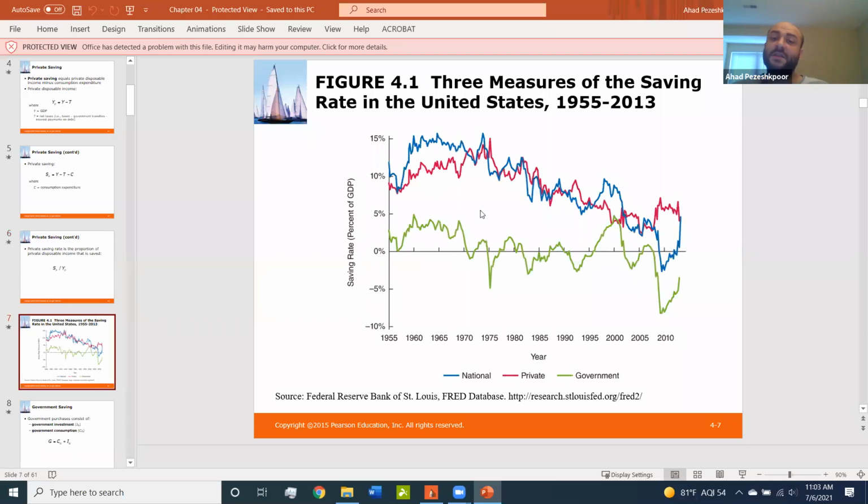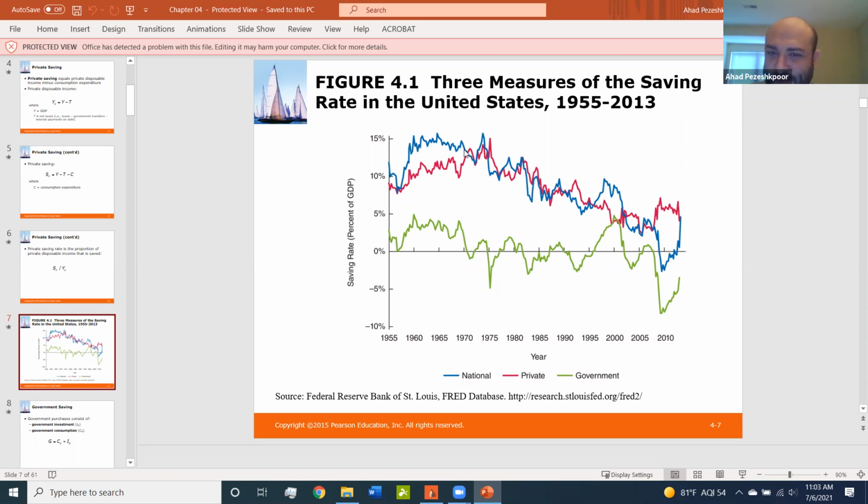Now, you can see three measures of the saving rate in the United States. This is very nice. This basically shows which part of the country is saving how much of their disposable income.